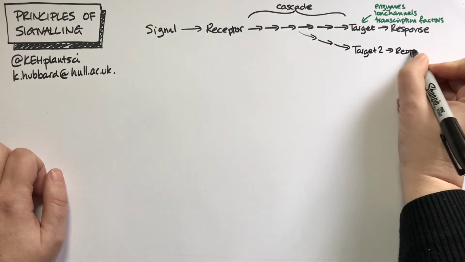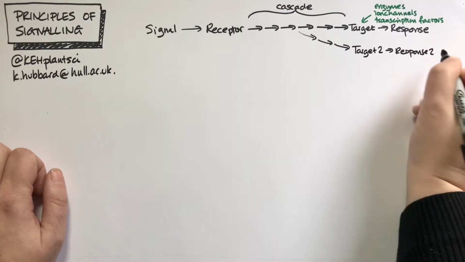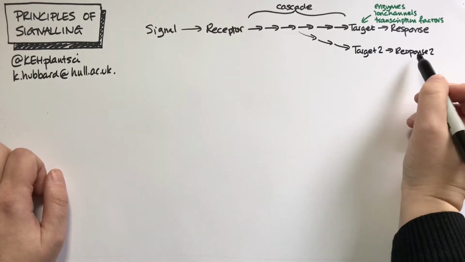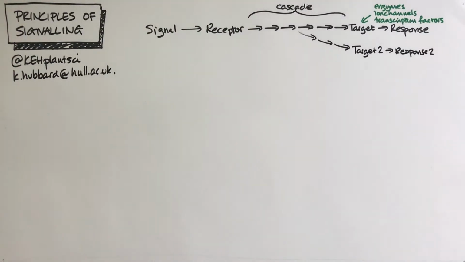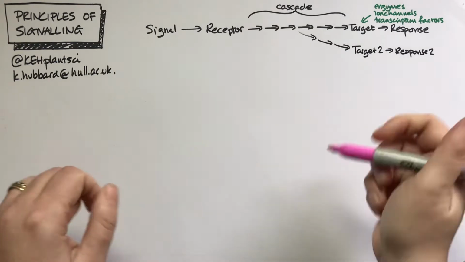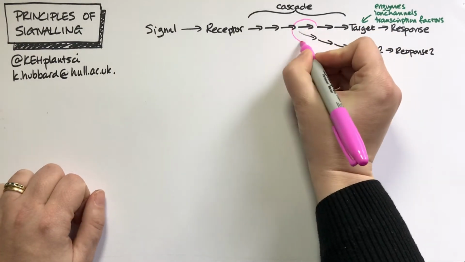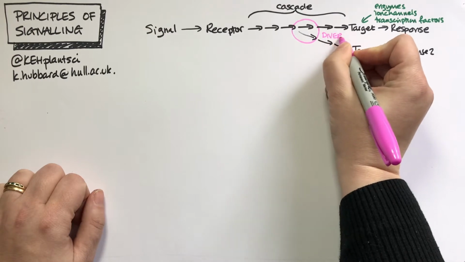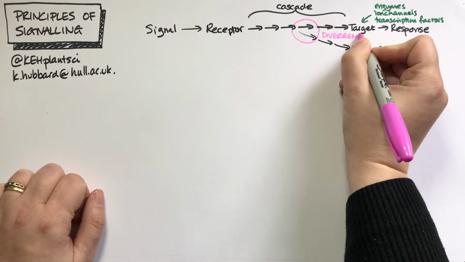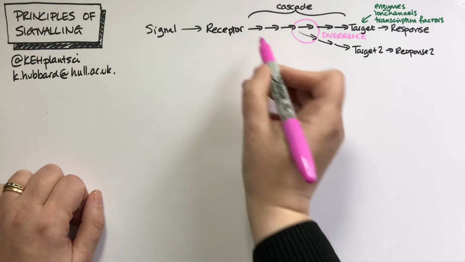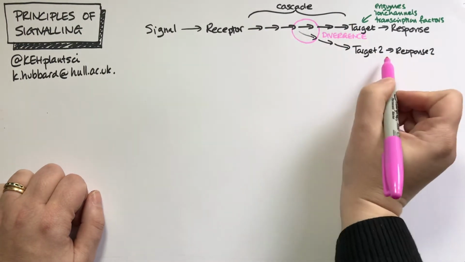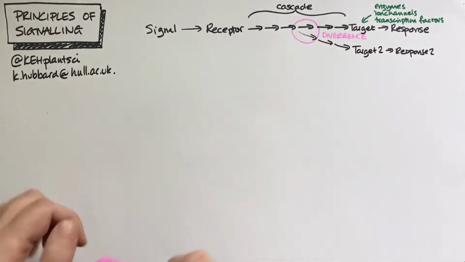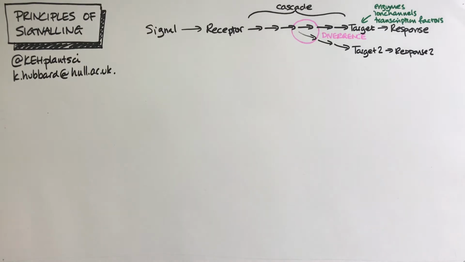So we might have a second target protein that gives a second response. Conceptually, that split there we would call signal divergence. Rather than just a linear pathway, the pathway splits. So we have 2 targets that we're focusing on.